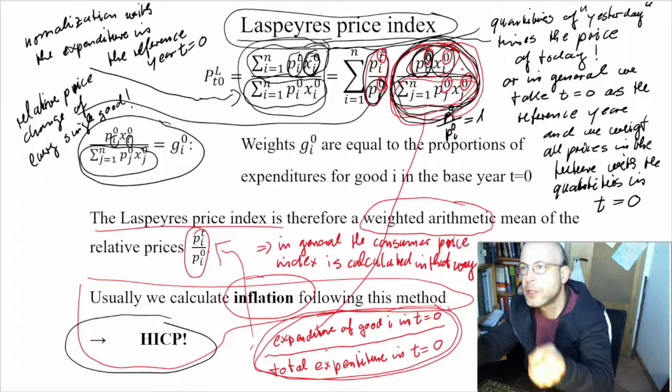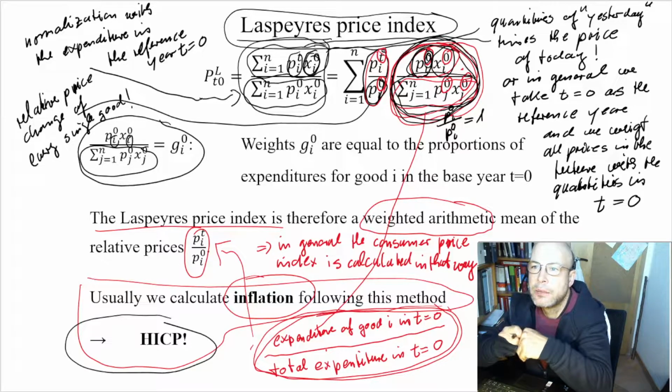So this proportion is the weight, and then we just calculate the weighted arithmetic mean.